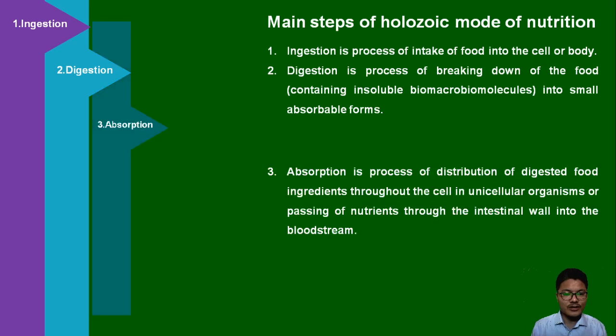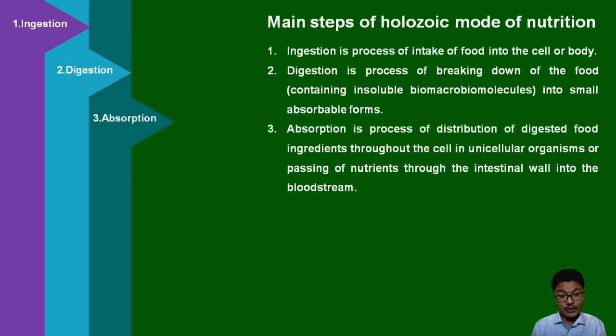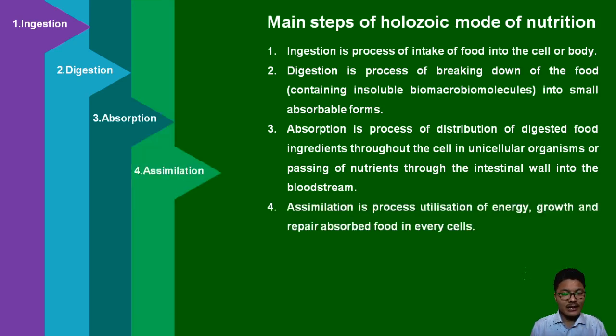After digestion, absorption occurs. Absorption is a process of distribution of nutrients in case of a unicellular organism, and in case of our body, it's movement of nutrients which are digested in the digestive system through the small intestine into the bloodstream. Assimilation occurs after absorption.